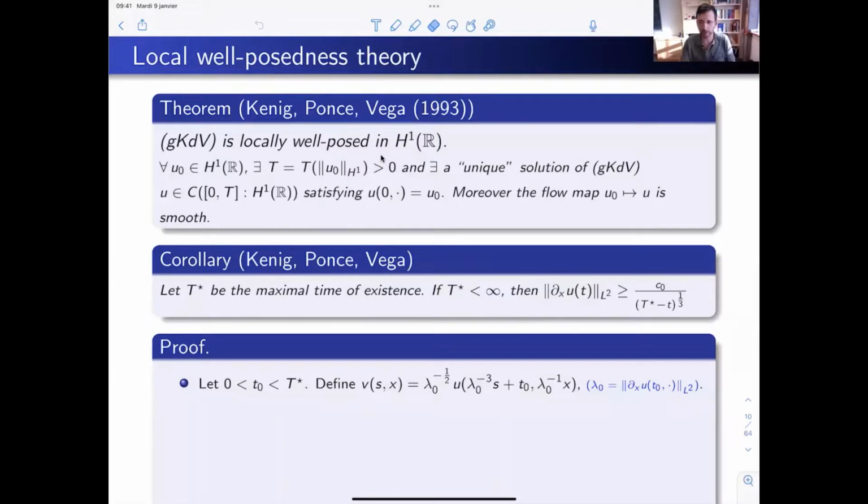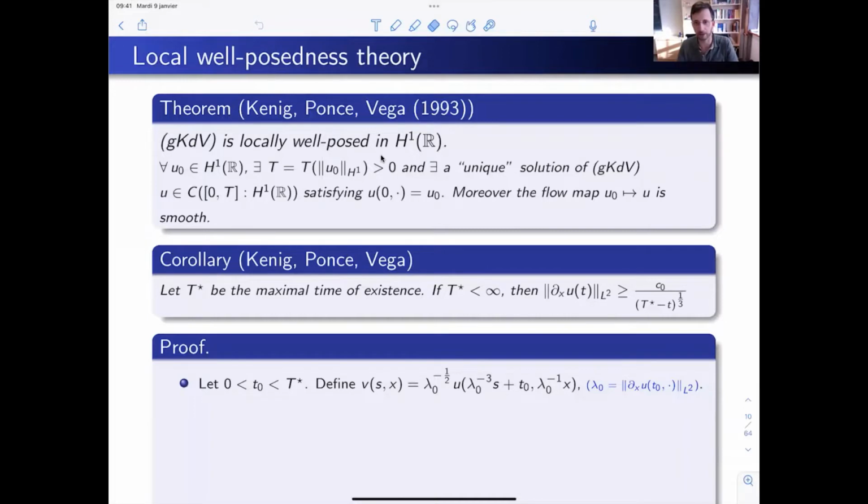So you take a small time t naught, which is strictly smaller than t star, and then you define this function V(s,x), which is lambda naught to the minus 1/2 times u, your solution, at lambda naught to the minus cube s plus t naught, and then lambda naught to the minus 1 of x.